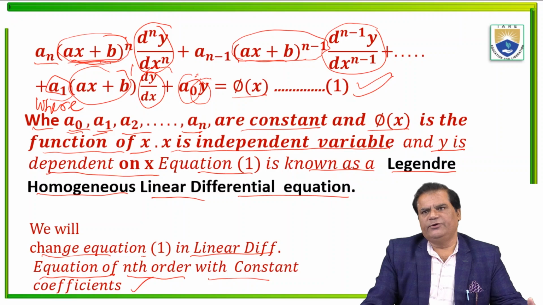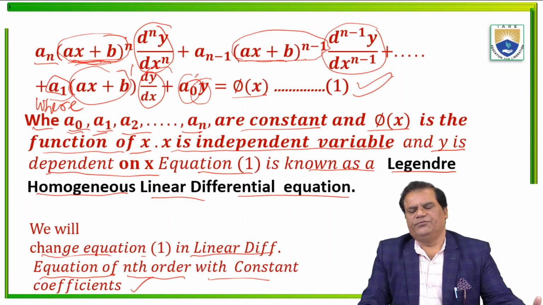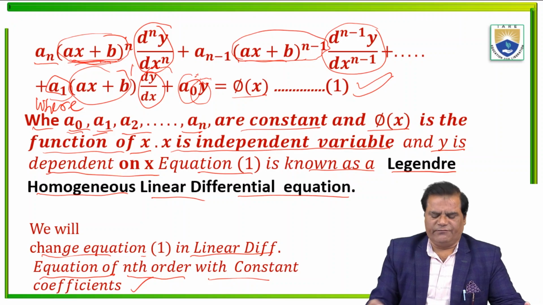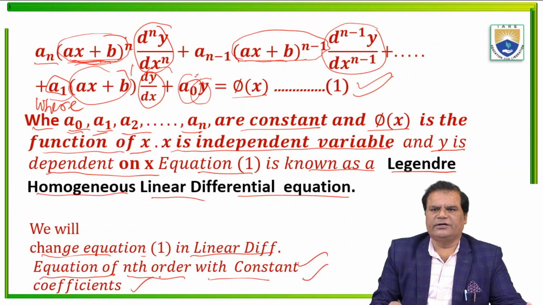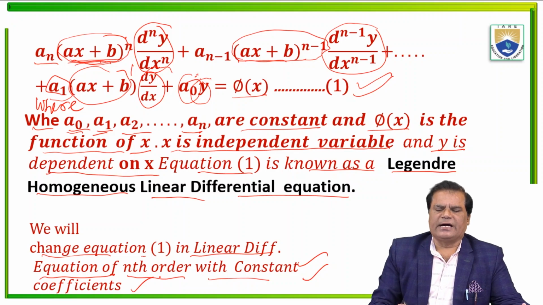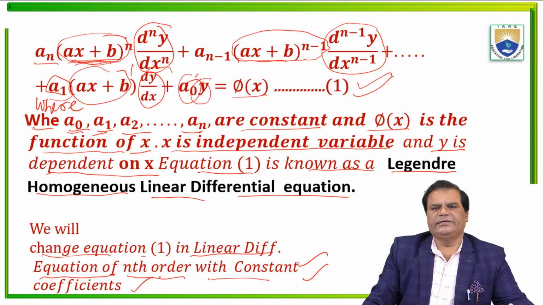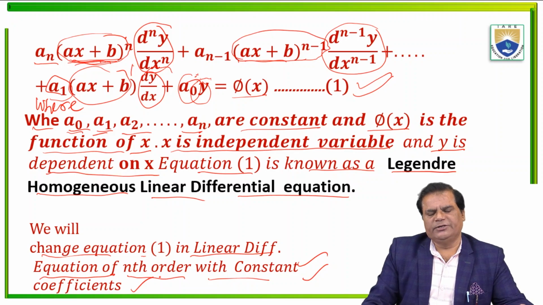But now we want equation 1 in nth order with constant coefficient. If we change equation 1 into constant coefficient, then we can solve it with the help of y is equal to CF plus PI method, which we have discussed in detail in the last lecture. So that method we can apply in this equation after changing.